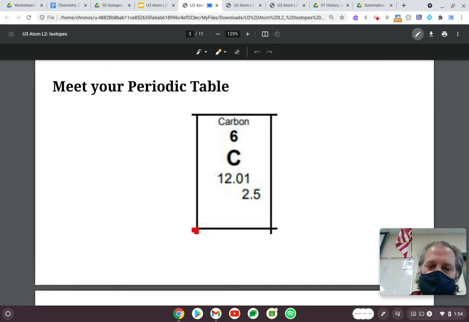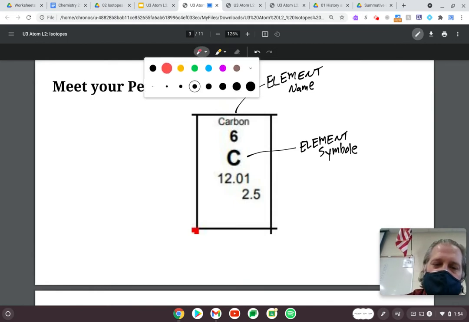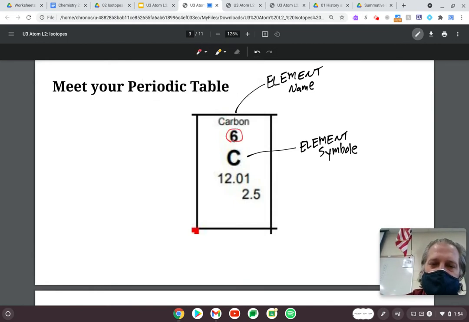So for example, here is our element name. And here is our element symbol. Here, this number is known as the atomic number.